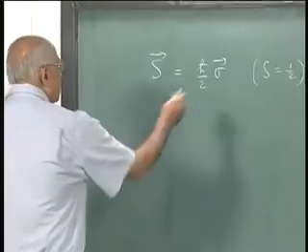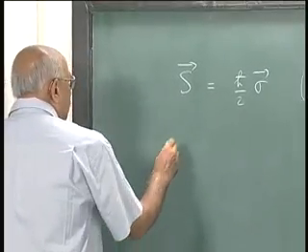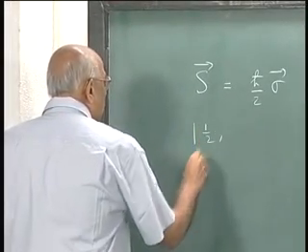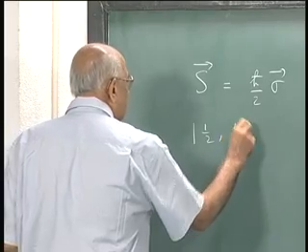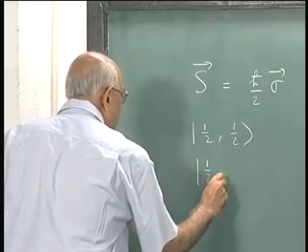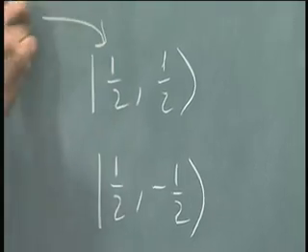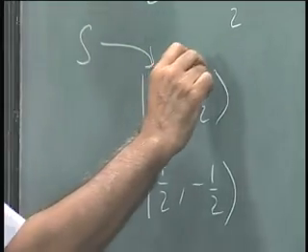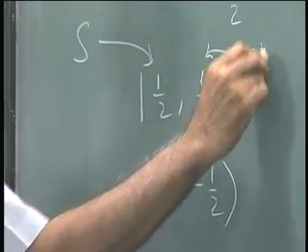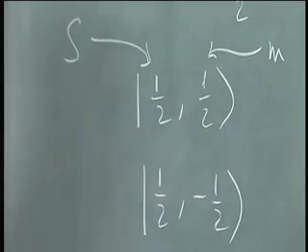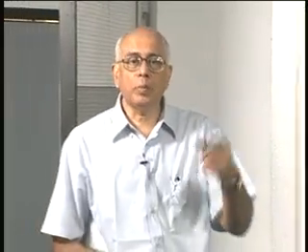So in this case it becomes 2 dimensional, and therefore the states that you could talk about are half, half and a half, minus a half. This corresponds to the quantum number S, which is always a half for an electron, and this corresponds to M, where M times h cross is the eigenvalue of any one component of the angular momentum, and we will conventionally take it to be the Z component.